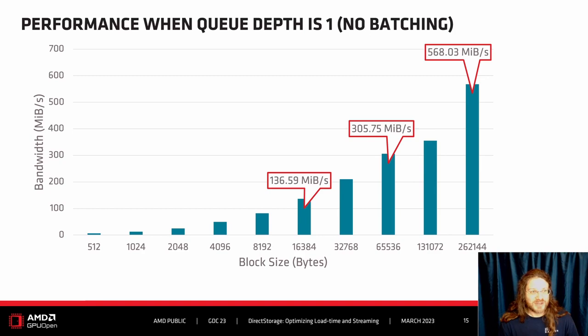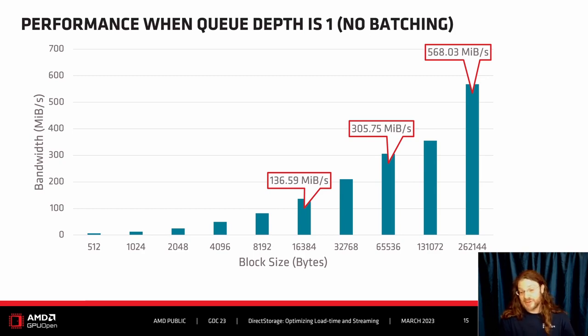So as you can see on the left axis, on the y-axis, we have megabytes per second. This is the bandwidth in megabytes per second. And on the x-axis, the size of blocks, so the size of each request. And we can see that at 256 kilobytes, the maximum throughput is approximately 568 megabytes per second. This is not exactly fast for this particular storage device.